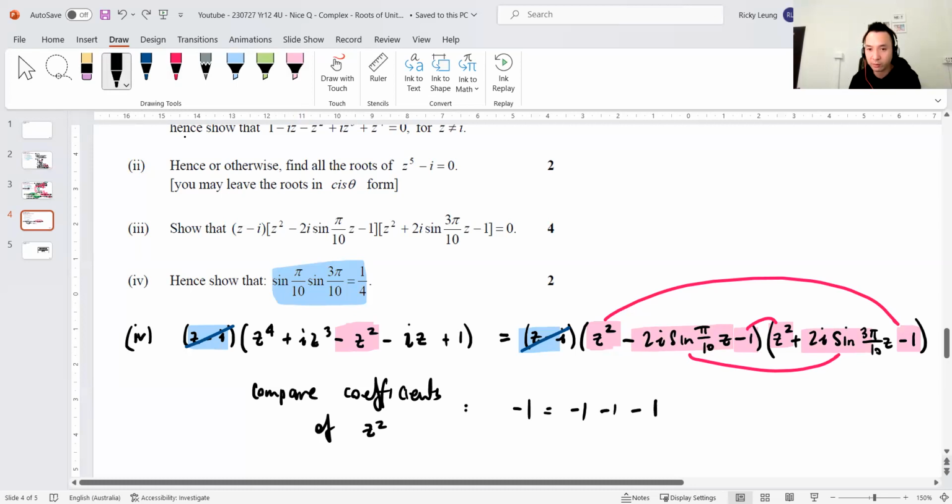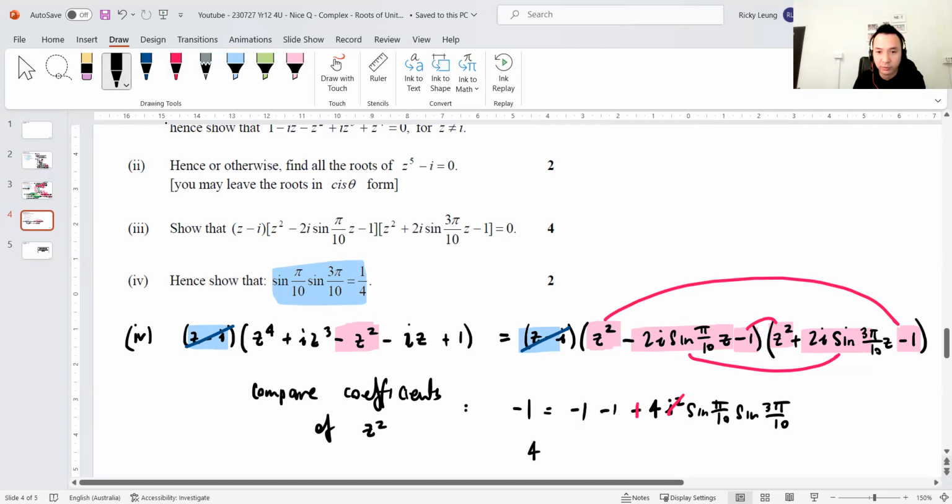4 i squared, right? And then sine pi on 10 times sine 3 pi on 10. i squared then turns out, so this guy here goes away and turns it into a plus.